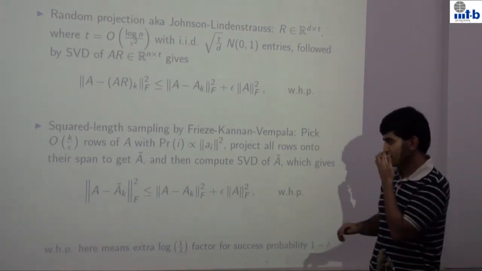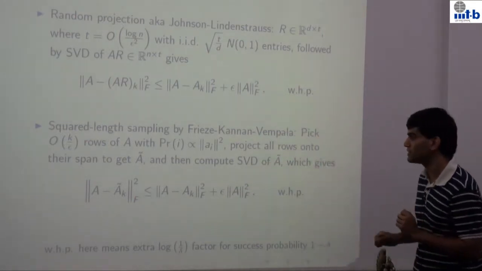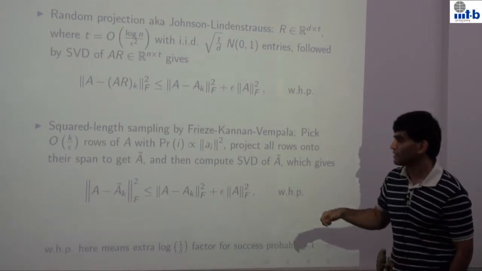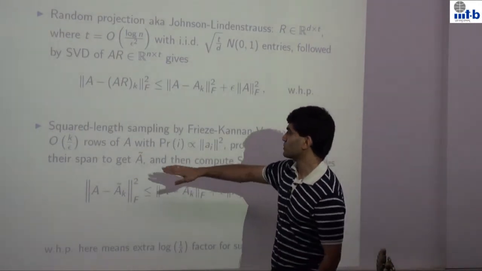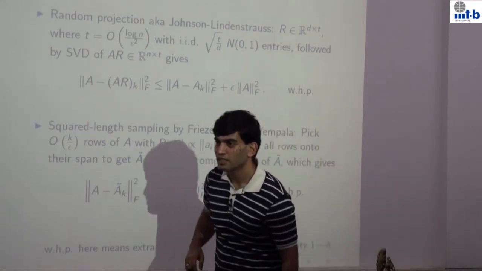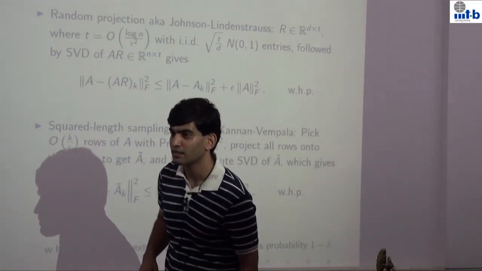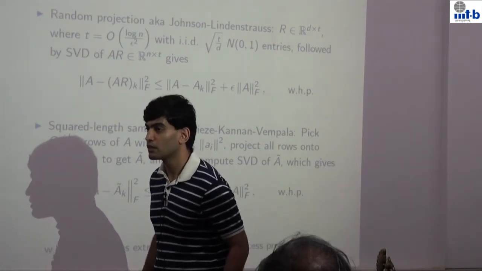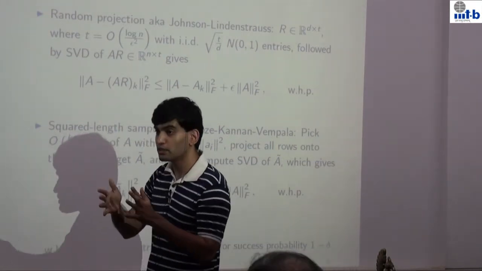So there is another way to achieve this, which is the squared length sampling, where you sample K over epsilon rows. This epsilon is what tells you what the error is. That will help because here also I am ending up with a K matrix by R. How will that help me? Because one of the dimensions is lower.